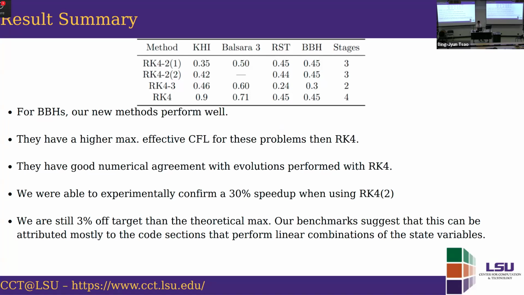For binary black holes, our method performed really well. We have a higher maximum effective CFL than RK4. What that means is effective CFL is basically the ratio between the maximum CFL you can use with a method divided by the number of stages that method has, right?